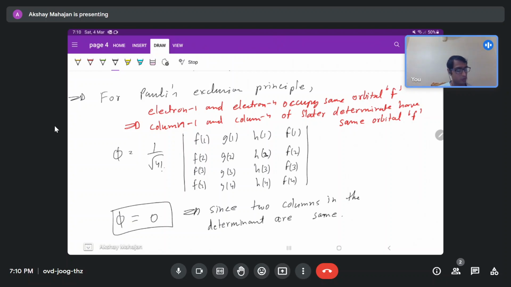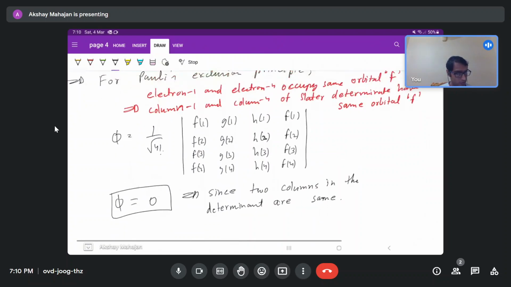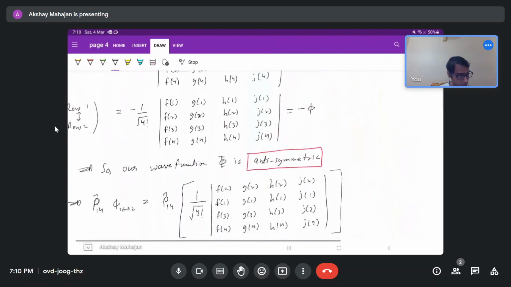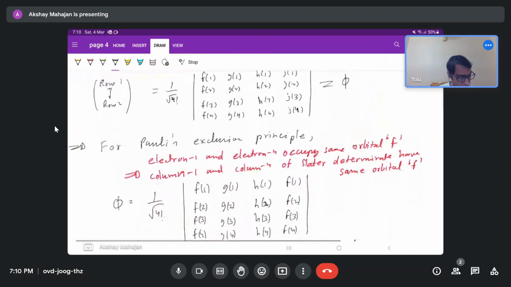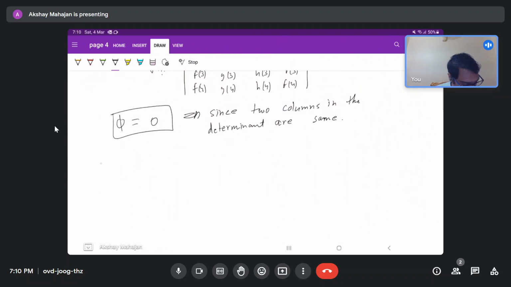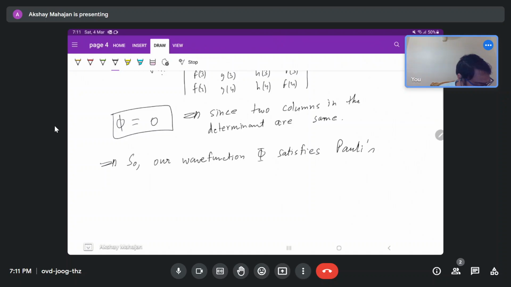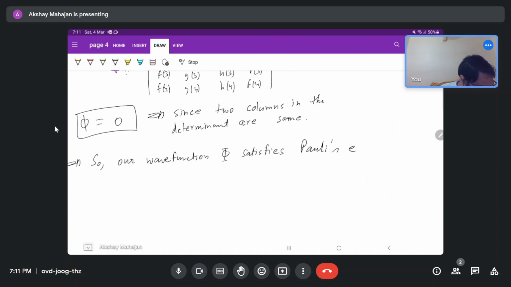Alright, since two columns are becoming the same, that determinant will become 0. So from here we have seen that our wave function phi satisfies the exclusion principle.